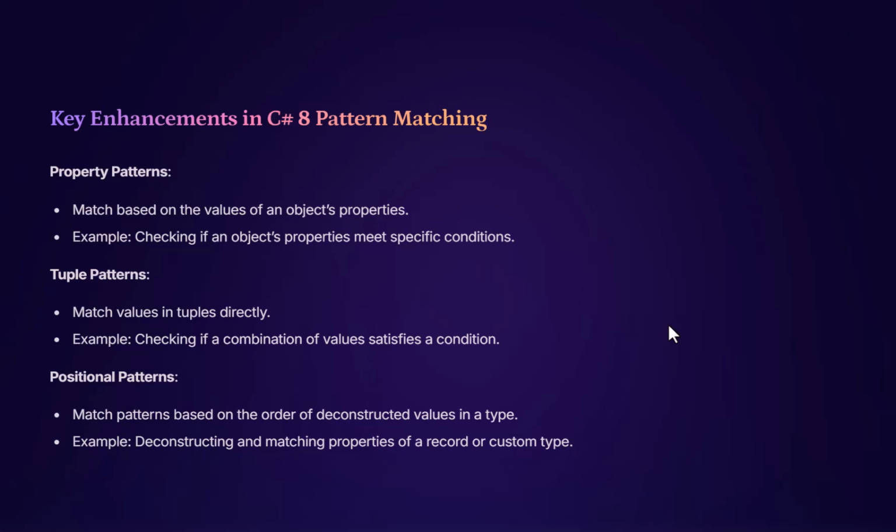Second, tuple pattern, which matches values in a tuple directly, for example checking if a combination of values satisfies a condition. And lastly, positional pattern, which matches based on the order of the deconstructed values in a type, for example deconstructing and matching properties of a record or custom type.